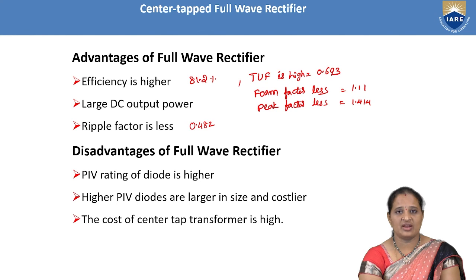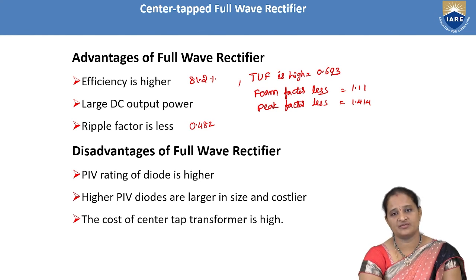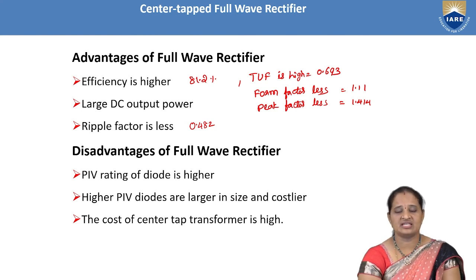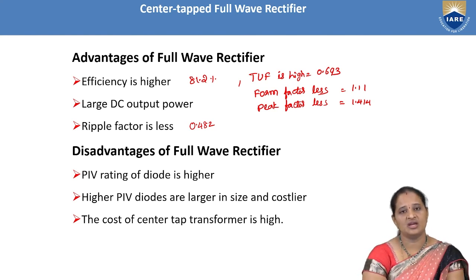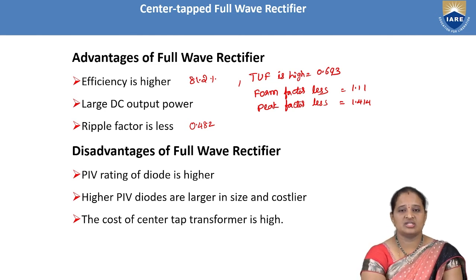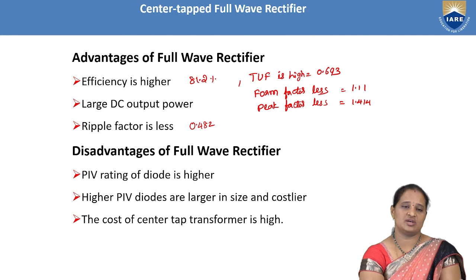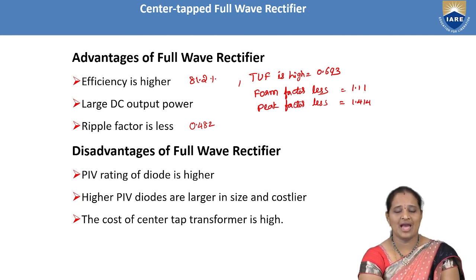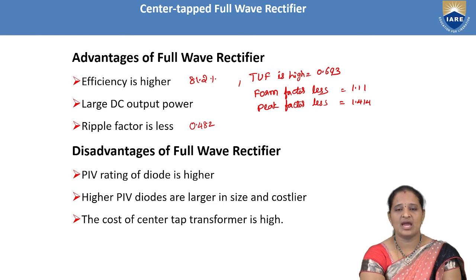The major disadvantage of this full wave rectifier is that the peak inverse voltage rating of the diode is higher, which increases the size and also the cost of the diode. The cost is also more compared to the half wave rectifier, as we are providing a center tapping and the number of diodes required is 2.